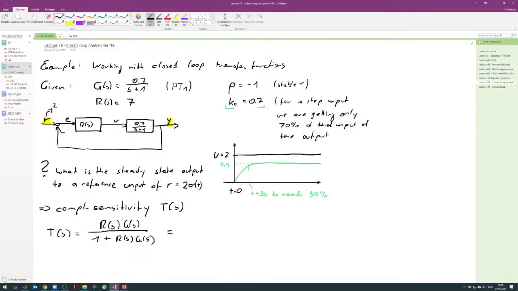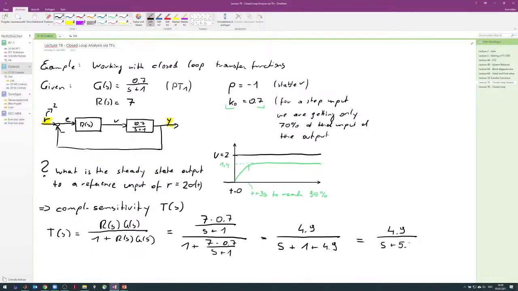R of S is 7 and G of S is this guy. So 7 times 0.7 over S plus 1 over 1 plus the same thing. 7 times 0.7 is 4.9, so we've got S plus 1 plus 4.9, and this is nothing but 4.9 over S plus 5.9.